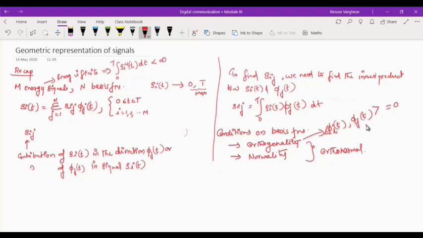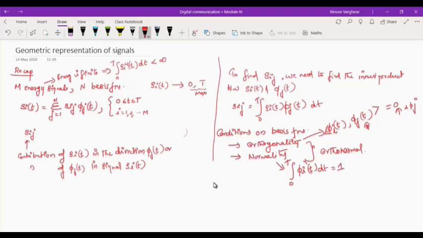This is for i not equal to j. You take any two different bases, find the inner product, and the inner product will be 0. That is orthogonality. And normality means the energy of your basis will be unity, that is integral of phi i squared of t dt equals 1.